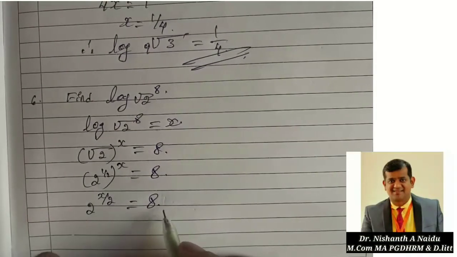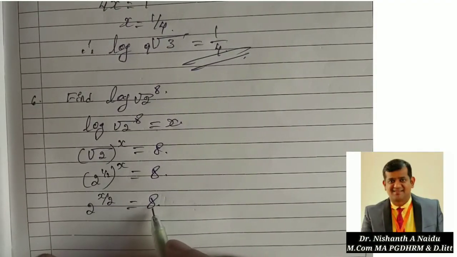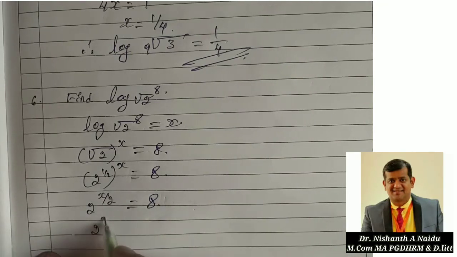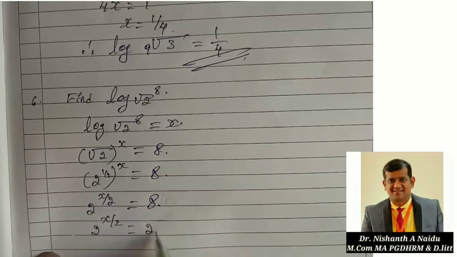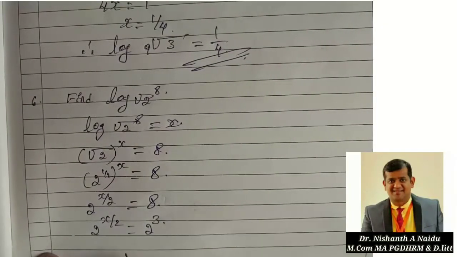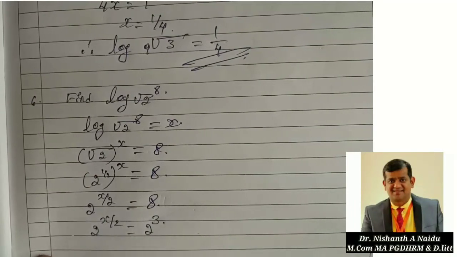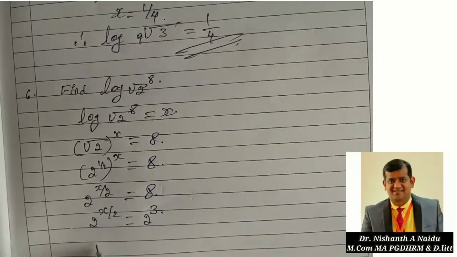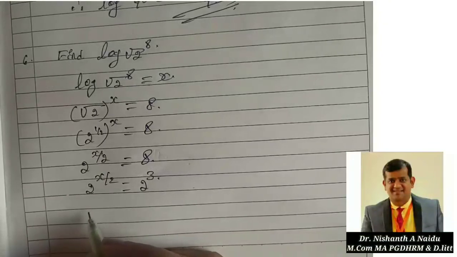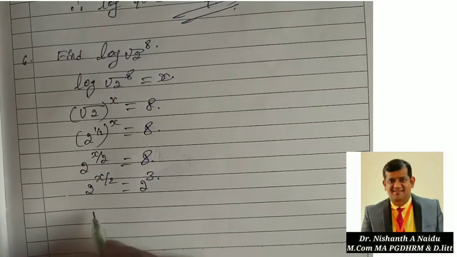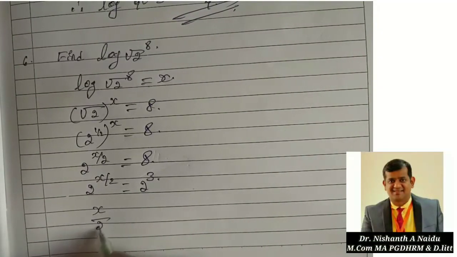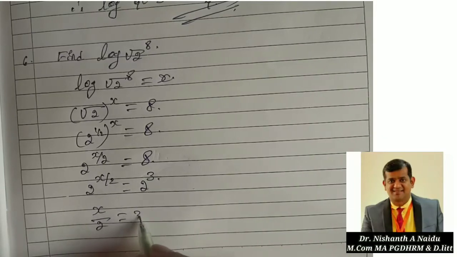Correct. So 8 if you find, how many times you have to do the power? 2 to the power 3. So 2 to the power x by 2 equals 2 to the power 3, right? Yes. 2 2s are 4, 4 2s are 8. So because bases are same, x divided by 2 equals 3.